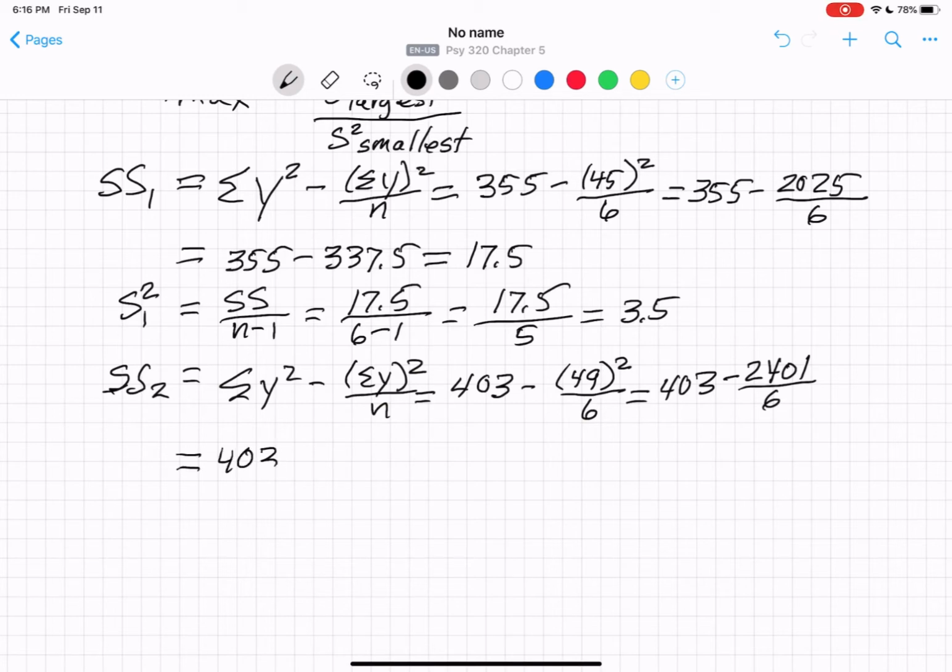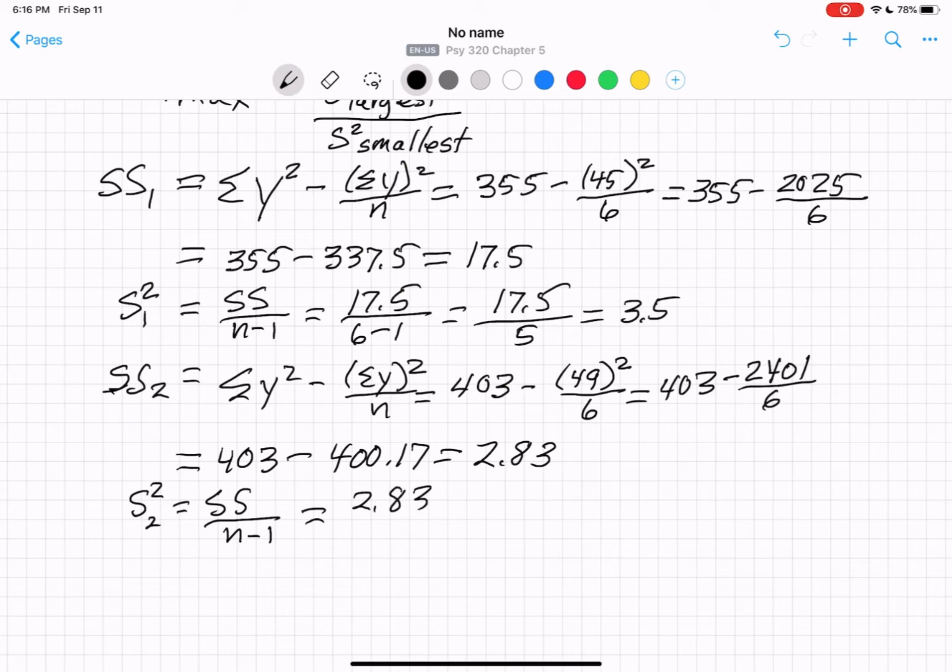Now we do the division, so 403 minus 400.17, and when you subtract, you get 2.83. To convert that to variance for our second group, it's the sum of squares divided by n minus 1, so 2.83 divided by 6 minus 1, or 2.83 divided by 5, which equals 0.57.